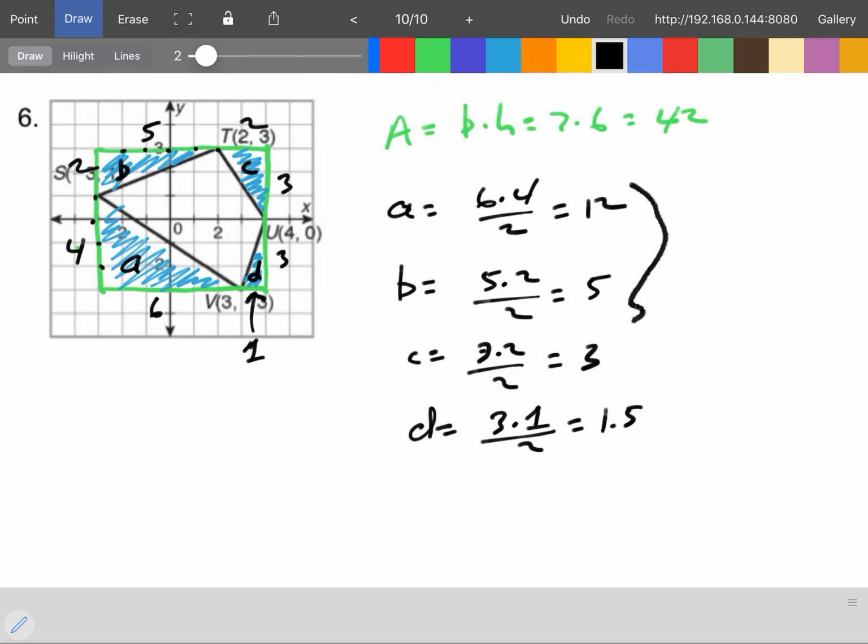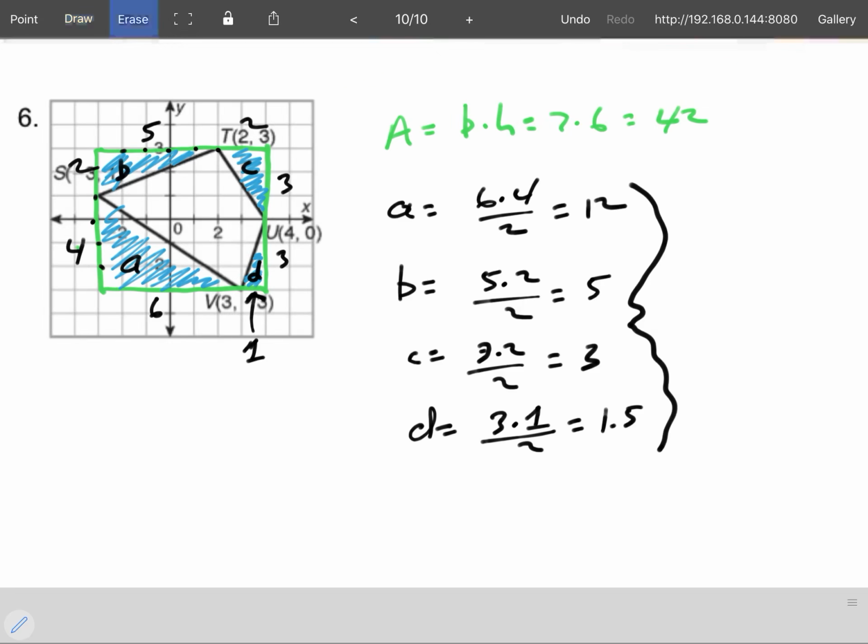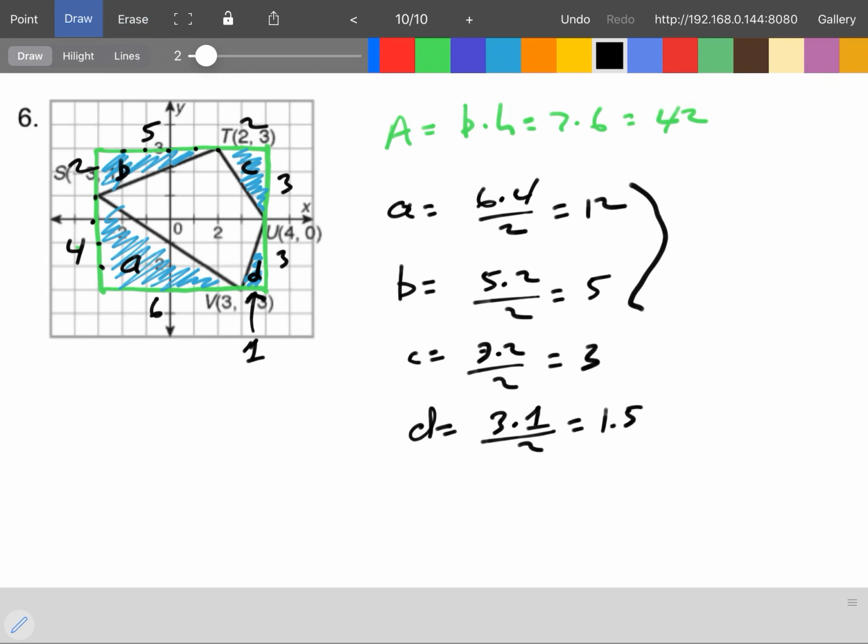So then I'm going to add these together. I got 12 and 5, that's 17. 17 plus 3 is 20. 20 plus 1.5, that's 21.5.